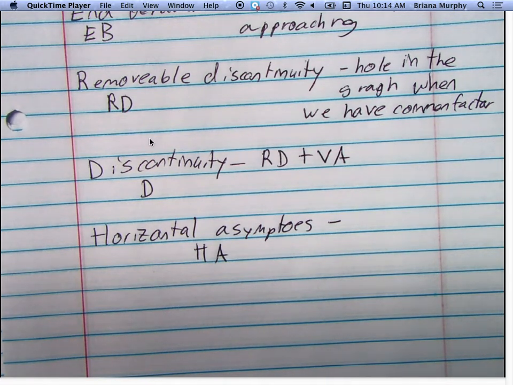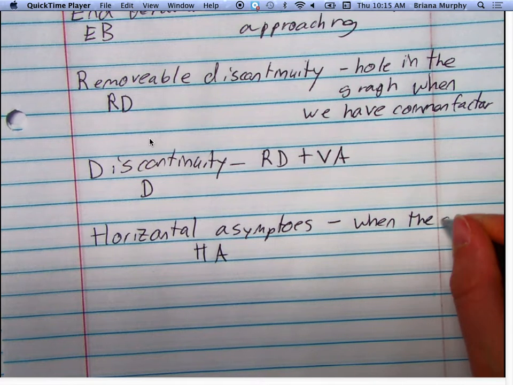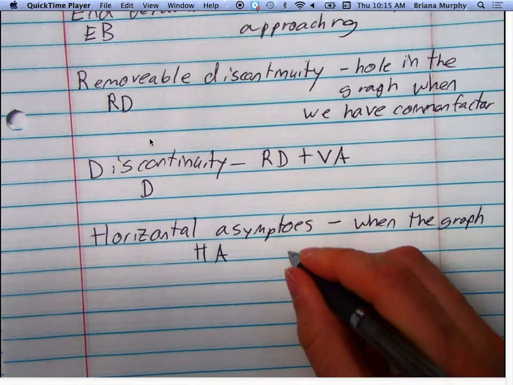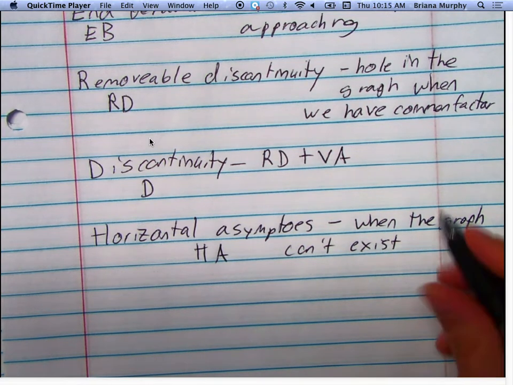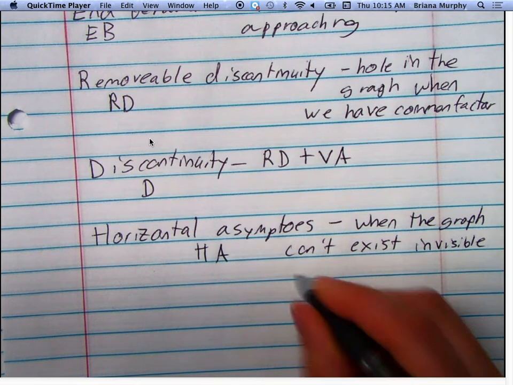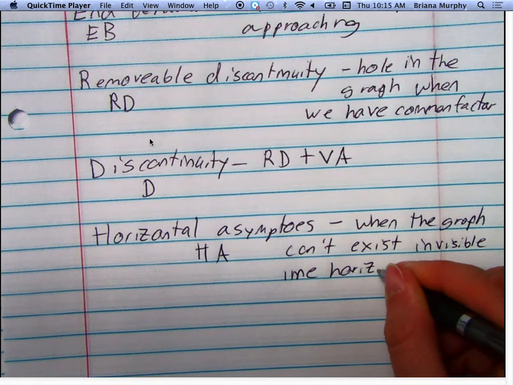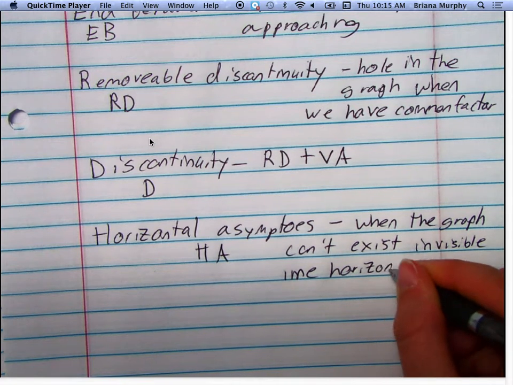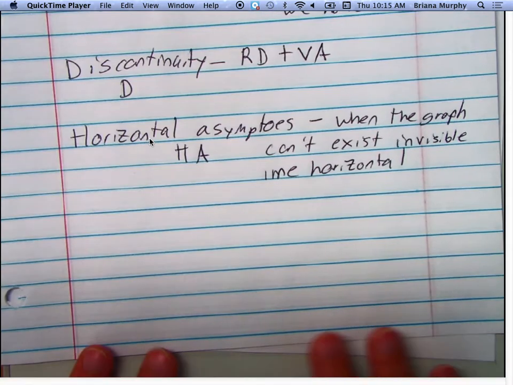This is like vertical asymptotes, which is a line straight up and down, vertical, that's invisible. Horizontal asymptotes is when the graph can exist, but it is an invisible line that's horizontal. There are 3 cases for horizontal asymptotes.